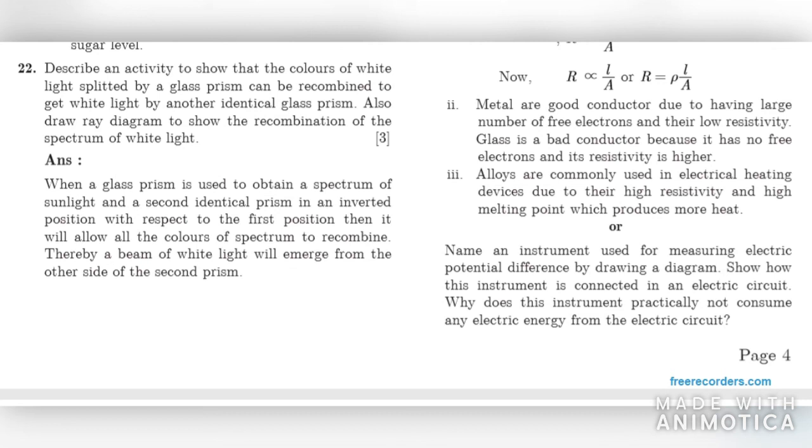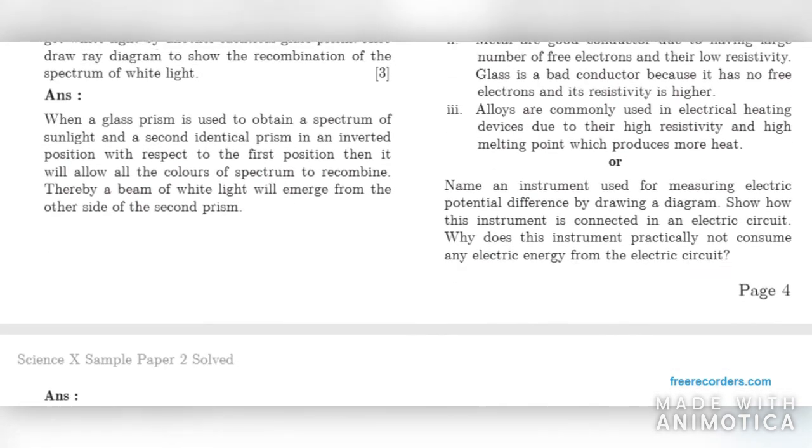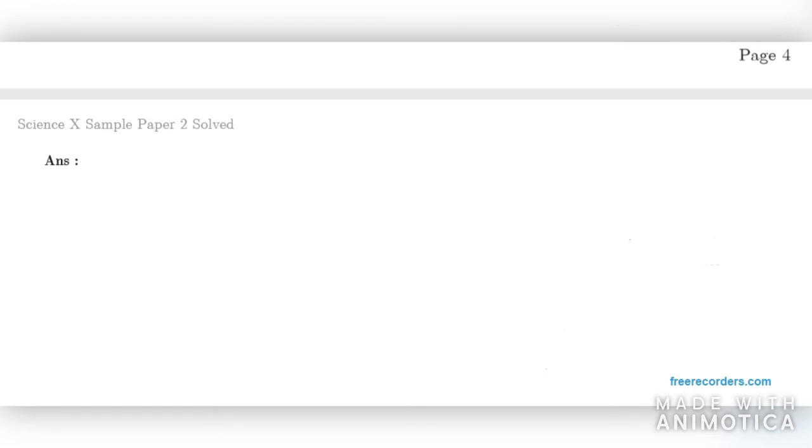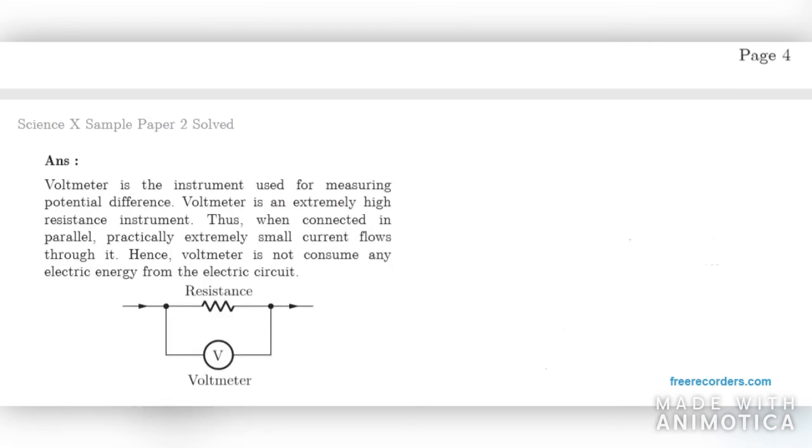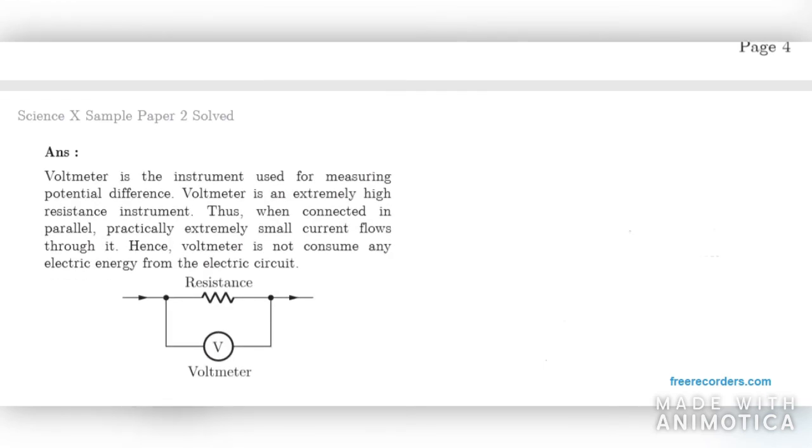Thus, when connected in parallel, practically an extremely small current flows through it. Hence, the voltmeter does not consume any electrical energy from the electric circuit. That's the reason. That's how you need to connect the voltmeter to the resistance.